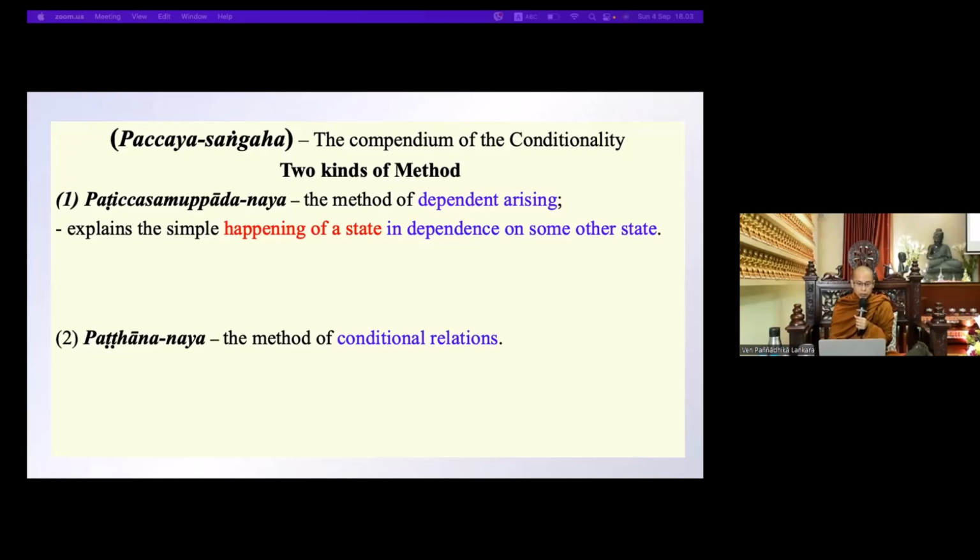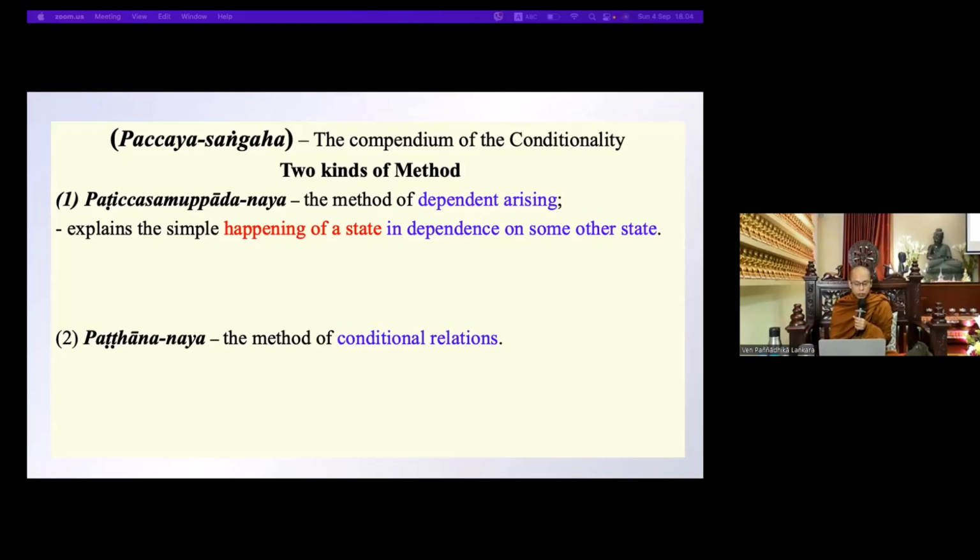In chapter 8, the Abhidhamma Sangha mentions the conditional relationship in these two methods, and in conclusion, it gives a short explanation about the Pannatti concept.